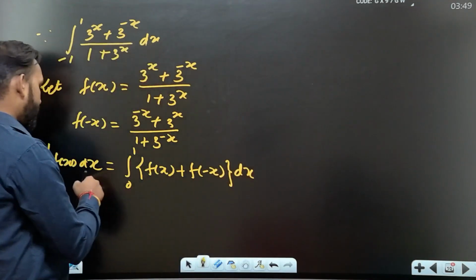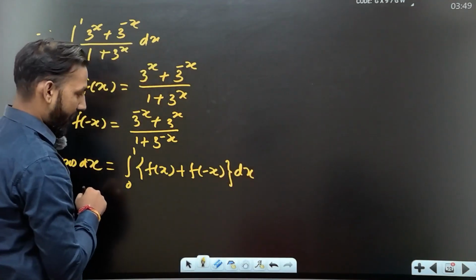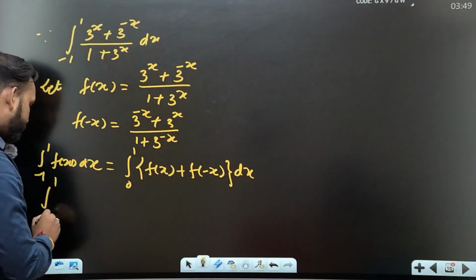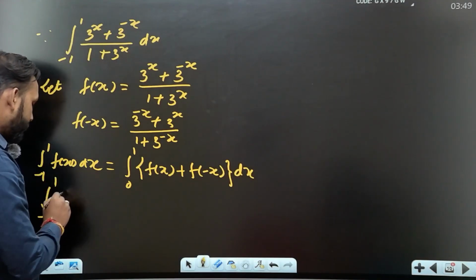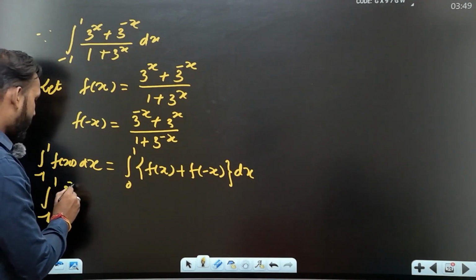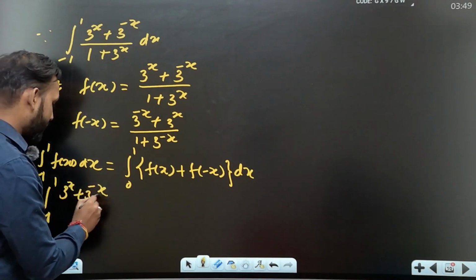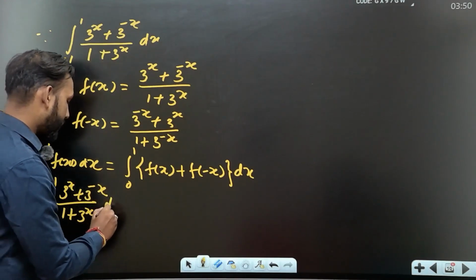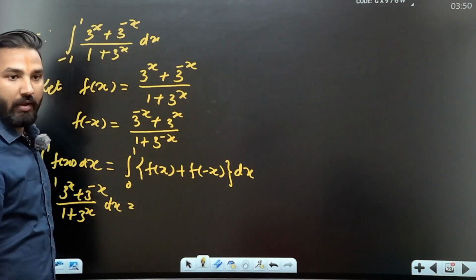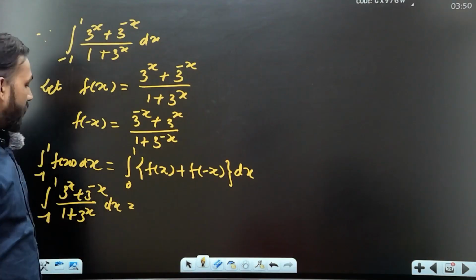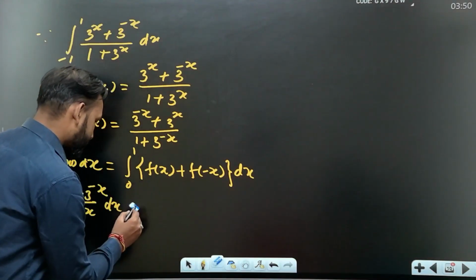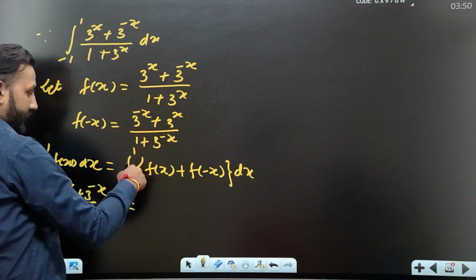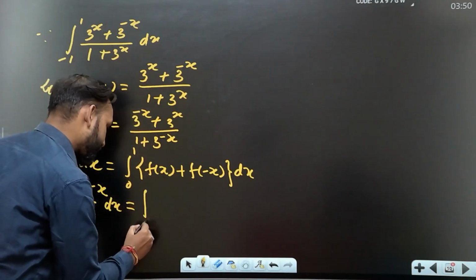Putting this in the formula, the integral from minus 1 to 1 of 3 raised to power x plus 3 raised to power minus x over 1 plus 3 to the power x dx works as the integration from 0 to 1.